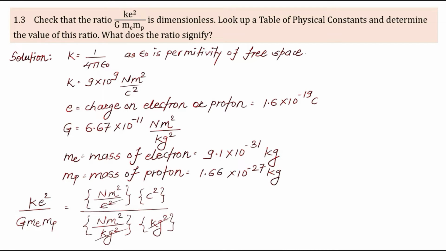So in this way, these units get cancelled, and finally the dimension of the given ratio is 0, and hence it is a unitless or dimensionless ratio. So in this way, we have proved that the given ratio is dimensionless.